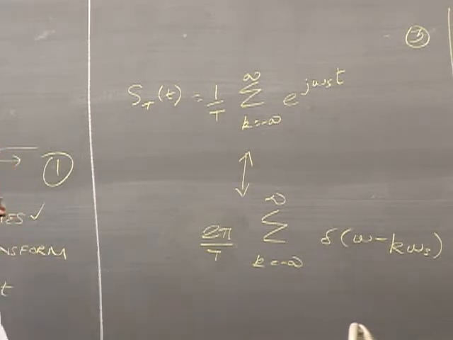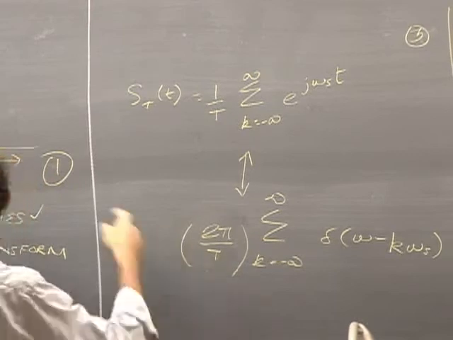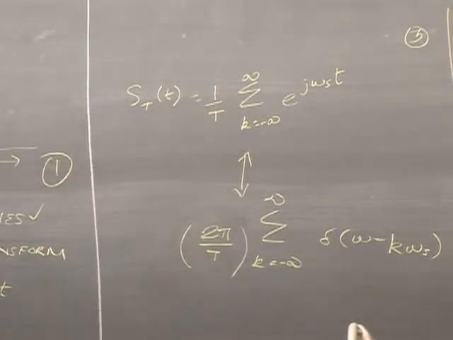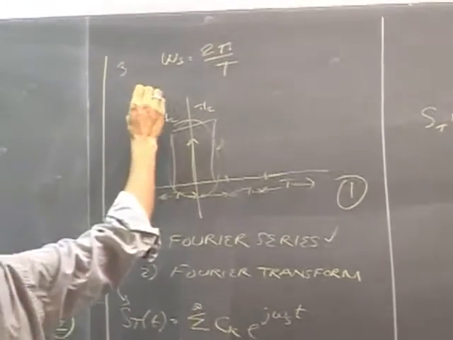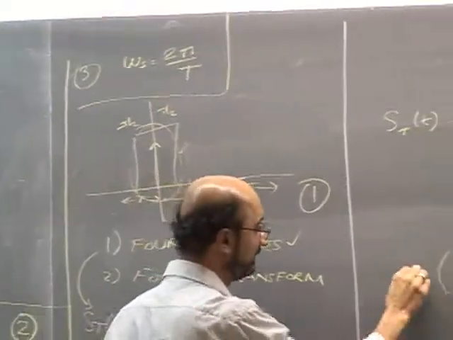So at this point, we notice that this is omega s. By definition, omega s is 2 pi over t. This is another fact over here. That's fact number 3: omega s is 2 pi over t. So this is omega s.